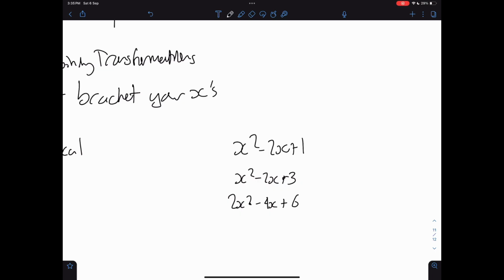So if you wanted to only move it up by 2, then what I should have done is do the stretch first and then add 2.